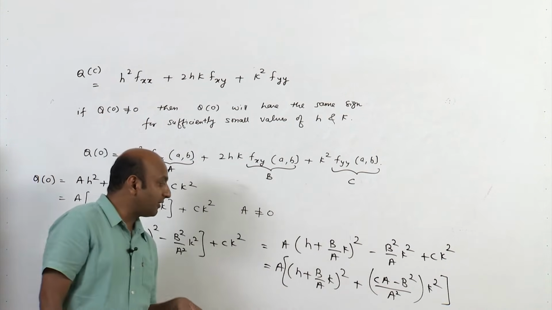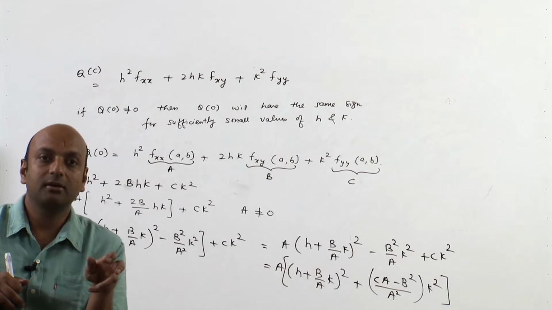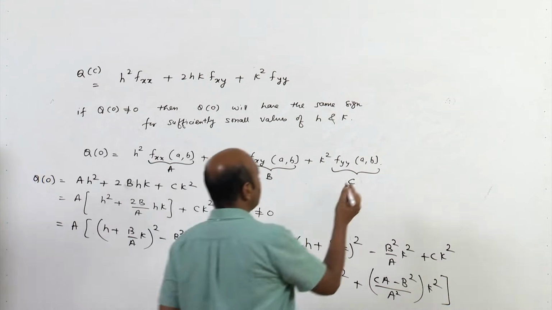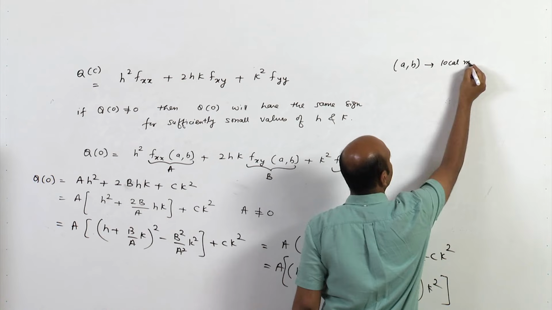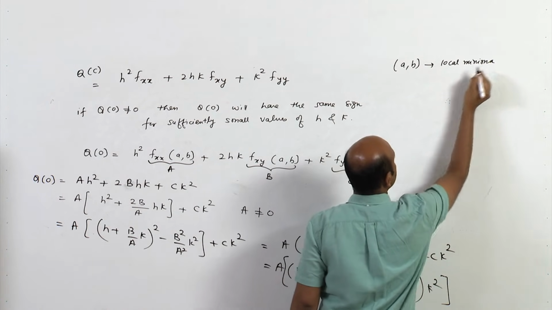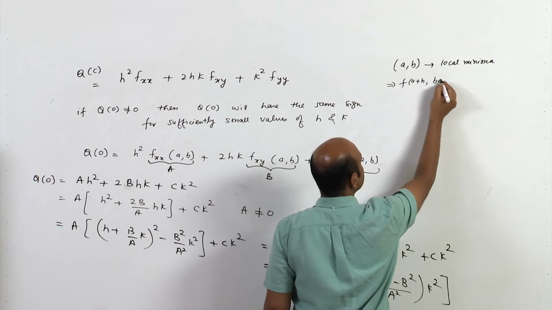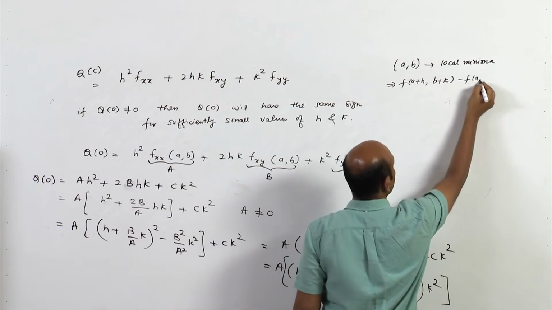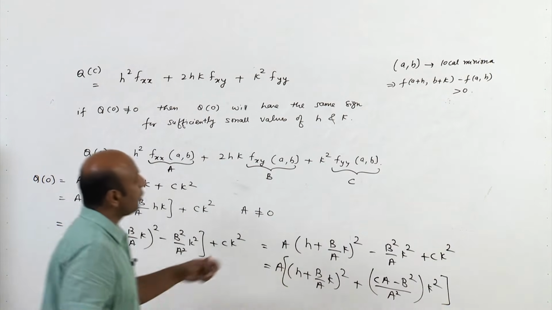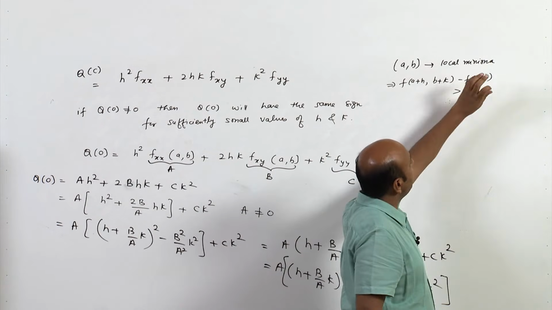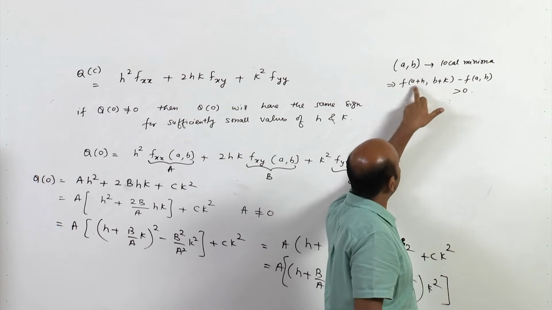Now, no matter whatever h and k you are taking in some open disk centered at (a, b), if you are calling (a, b) a point of local minima, then f(a + h, b + k) − f(a, b) will be greater than 0, because at a point of local minima, in the points near (a, b), the value of the function will be more than this value.